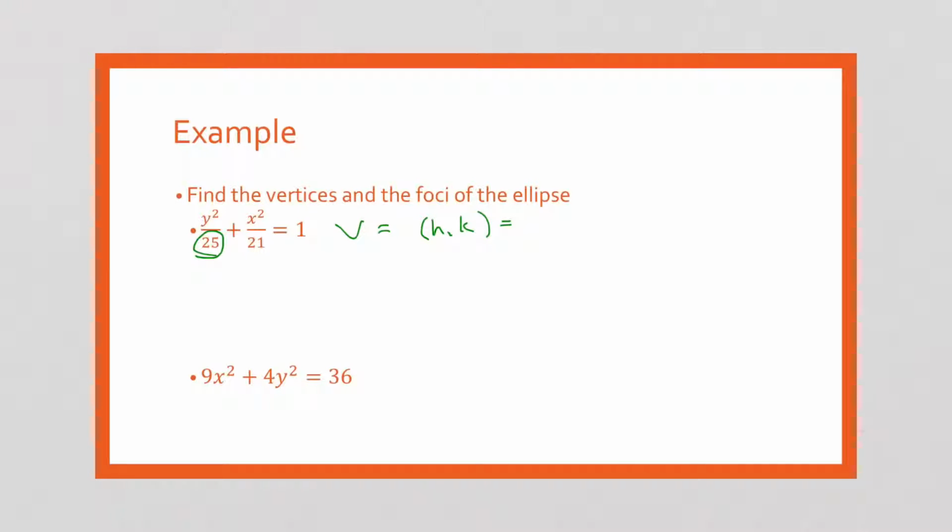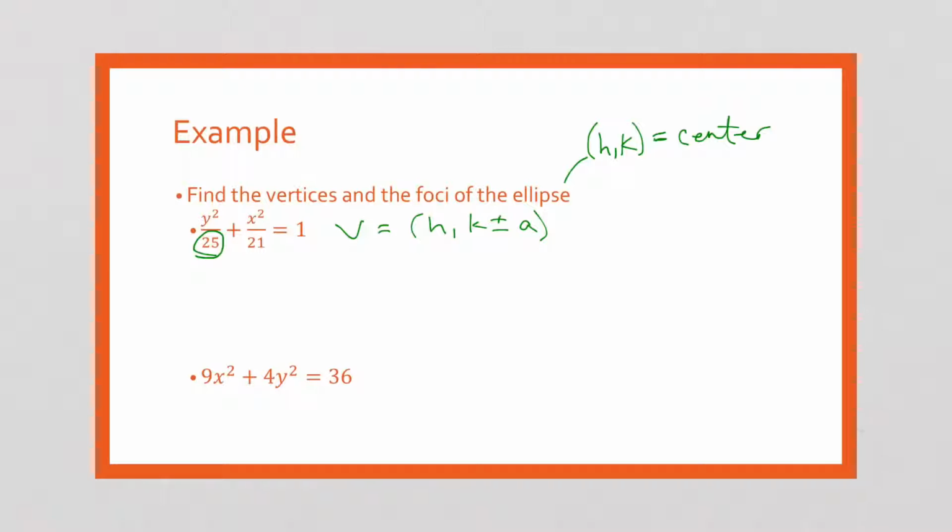Now it's h plus or minus a, is my formula for my vertex. Remember, (h, k) is my center on an ellipse. So on an ellipse, (h, k) equals my center.